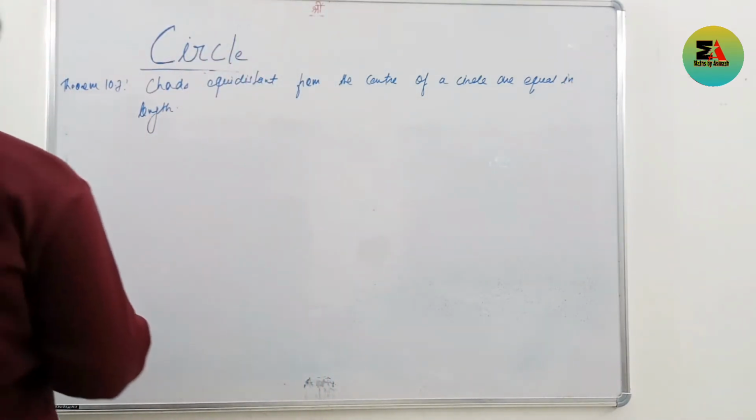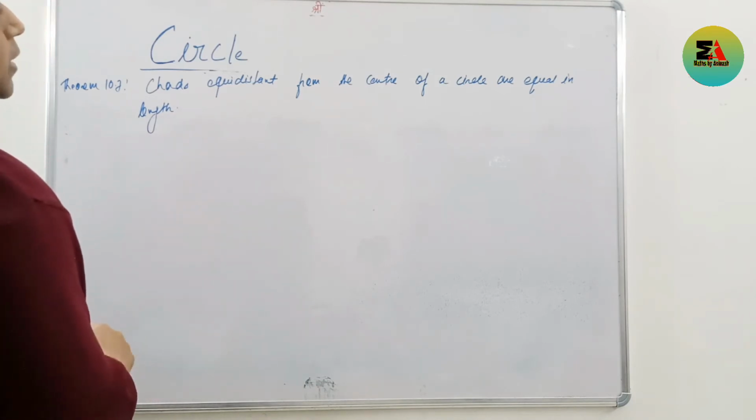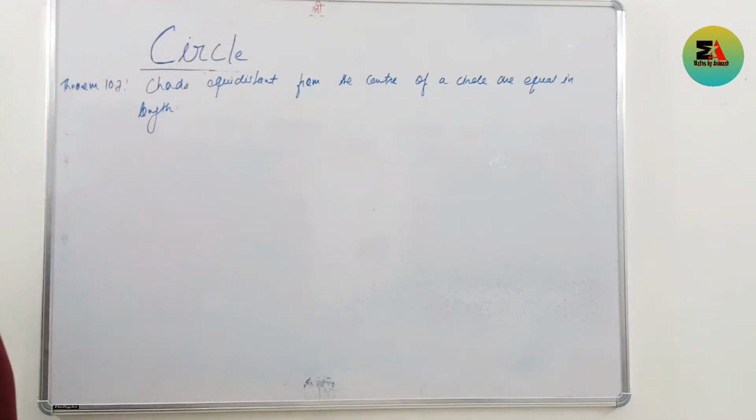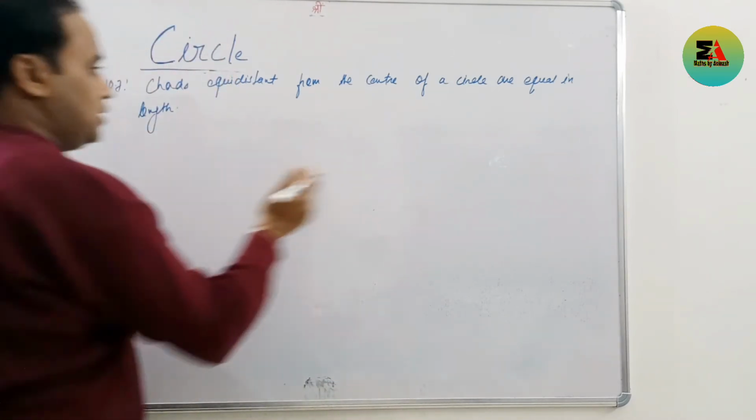The theorem says chords equidistant from the center of a circle are equal in length.